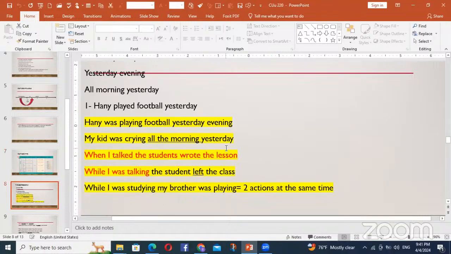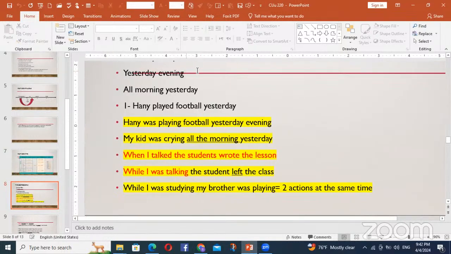Look at this, it says here yesterday evening. This is a particular time in the past. It means I did this action yesterday evening, one of the time expressions that I use. What about yesterday? If I say yesterday only, I say Ahmed played tennis yesterday, because we talk about yesterday the whole day, 24 hours.